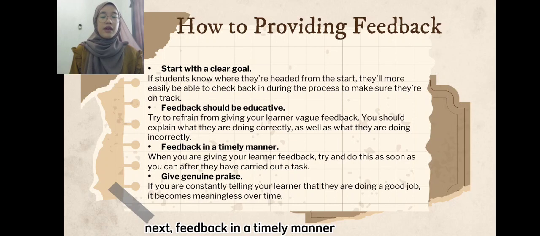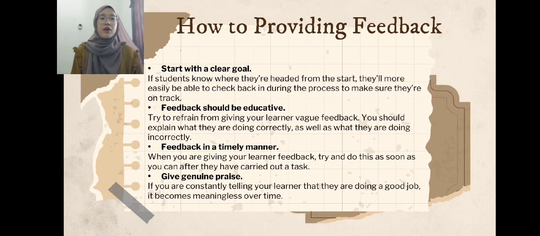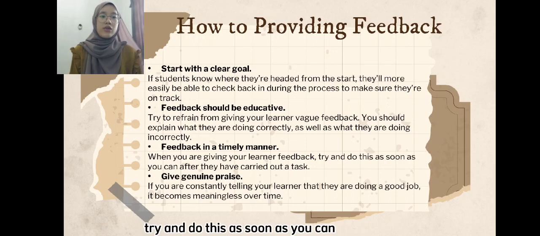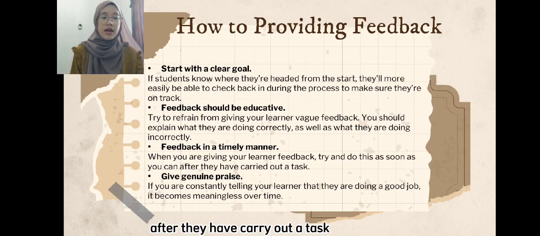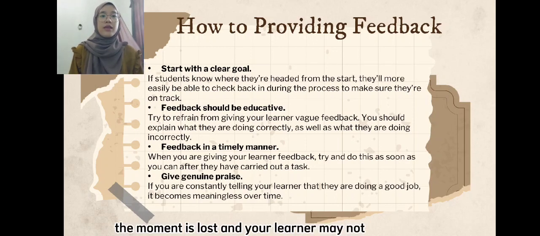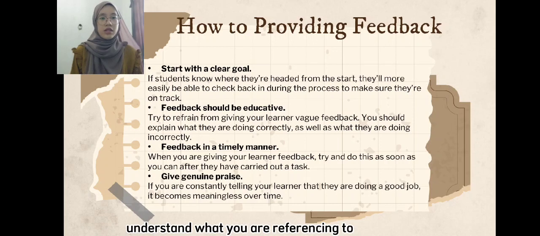Next, give feedback in a timely manner. When you are giving your learner feedback, try and do this as soon as you can after they have carried out a task. If you wait too long, the moment is lost and your learner may not understand what you are referring to.